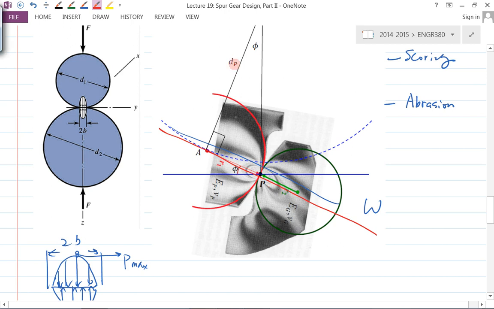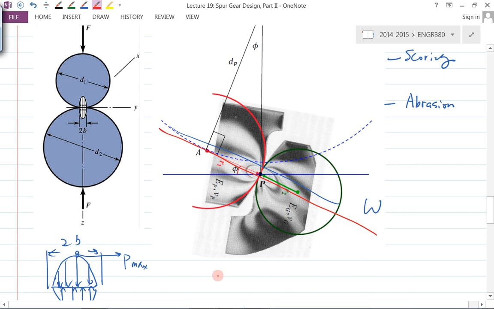So if this is the diameter of the pinion, the pitch diameter. Sorry, this is the base diameter of the pinion, right? This is the base diameter. So what are you going to end up with? Sorry, this is actually the pitch diameter. Why is it the pitch diameter? Okay, anyway.